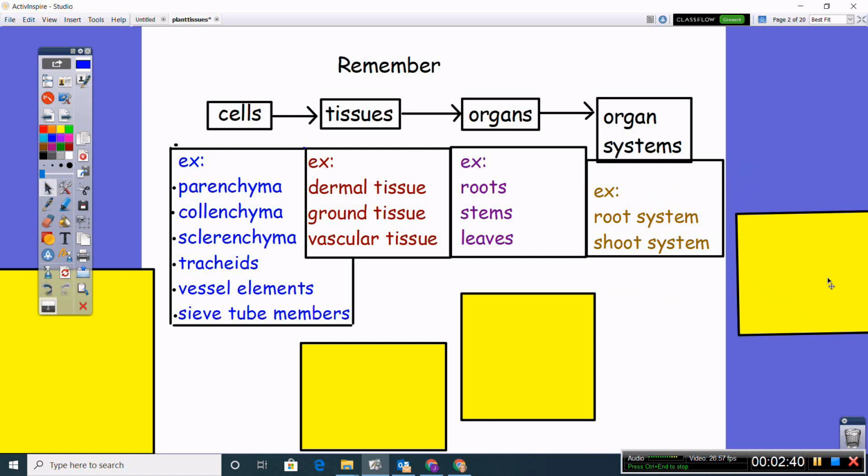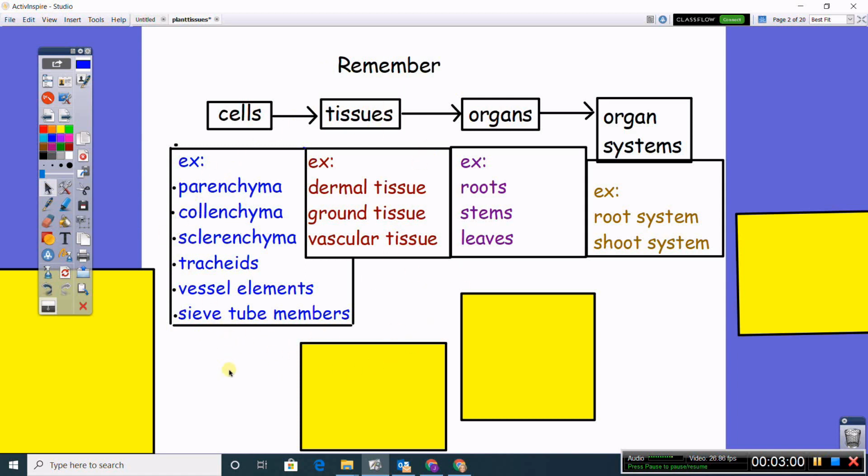All right, and then organ systems. Okay, a root system and a shoot system. So that'll be a couple days away as well. But this is just to kind of put things in perspective here. So today, our focus is on the left-hand side. We are focusing on plant cells and tissues.